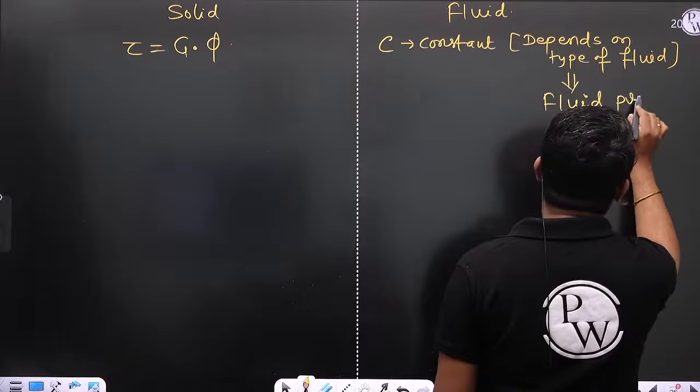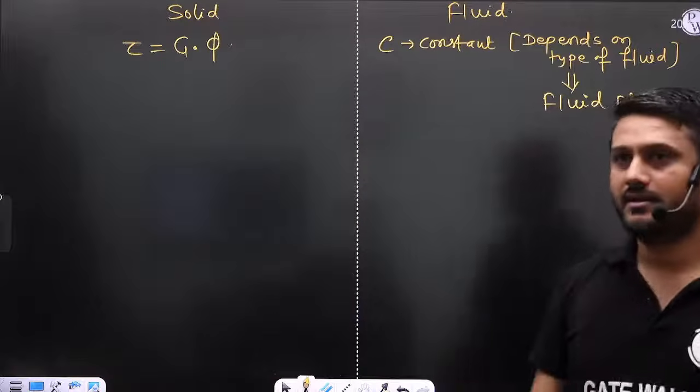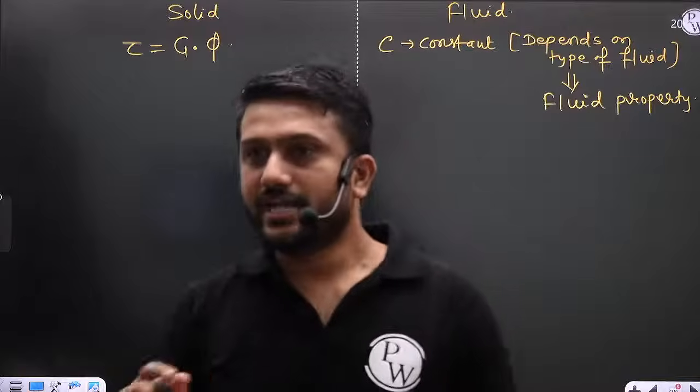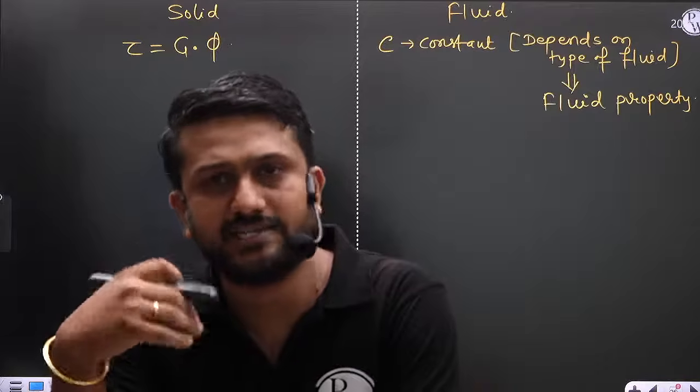Yes or no? It depends on the fluid, right? The C is a proportionality constant and it depends on the type of the fluid. That means it is a fluid property.